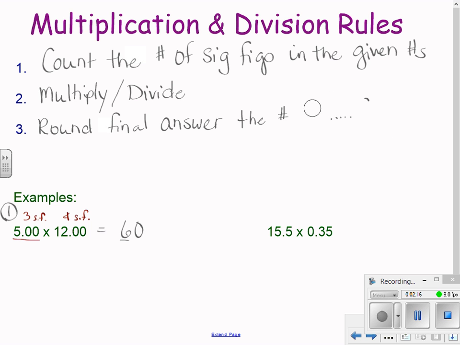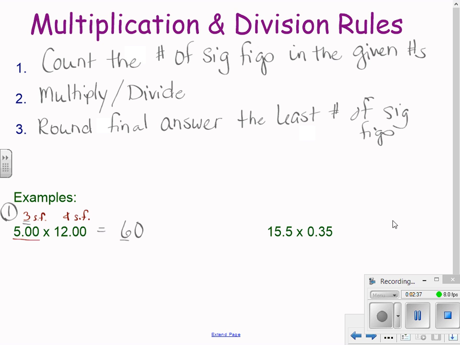How about that? We'll change that. Okay, so the least number of Sig Figs given in our example was 3. So right now I have 60. That doesn't have 3 Sig Figs.